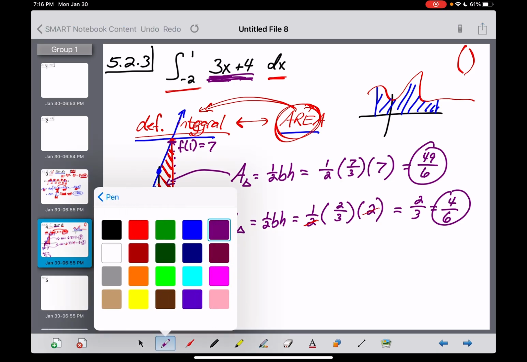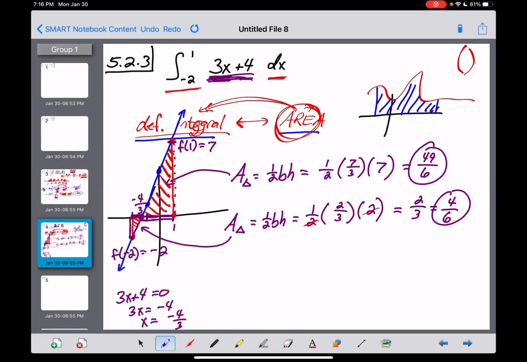Remember, the question is asking us not to find area, but up here at the top, to find the value of a definite integral. So what I'm going to do is take the positive area of any region that's above the x-axis, which is this one right here. So I'm going to start off with 49/6. And then we're going to subtract the area of any region that's below the x-axis, which came out to be 4/6 right there.